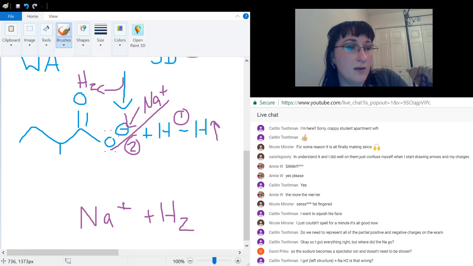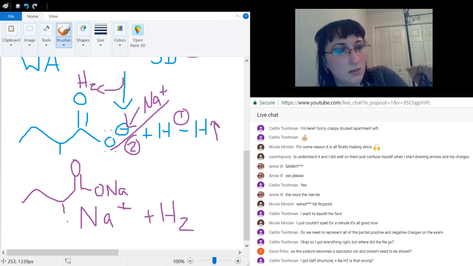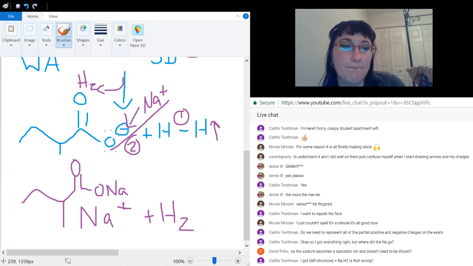The other way is you could draw it like this. That's also acceptable. I don't usually show it that way, but if you like it that way, then you can show it that way. Because the sodium is forming an ionic interaction, right, with the oxygen that has the negative charge on it now.